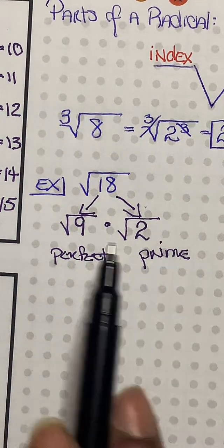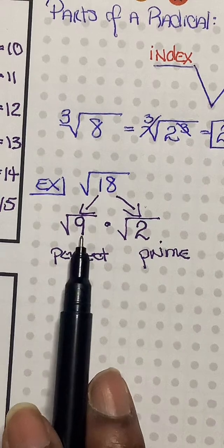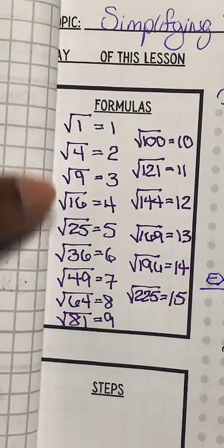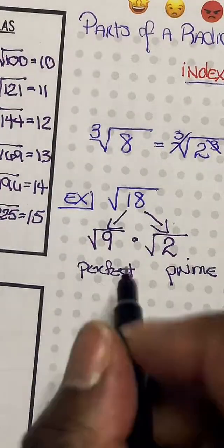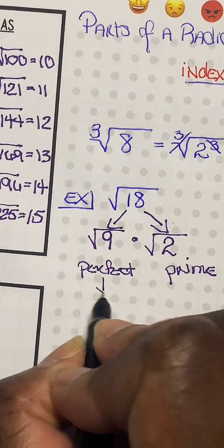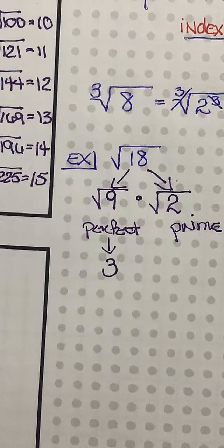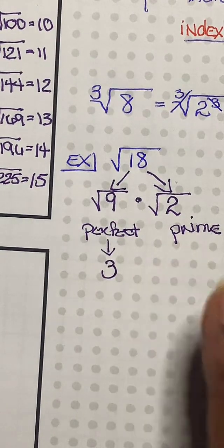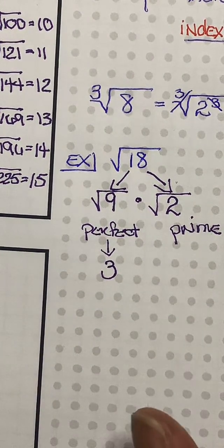All right, now, square root of 9, that's your perfect square. Because the square root of 9 gives me 3. So the square root of 9 can be broken down into a whole number, which is 3. But the square root of 2, since it's a prime number, can't be broken down. You're going to get some kind of crazy decimal.